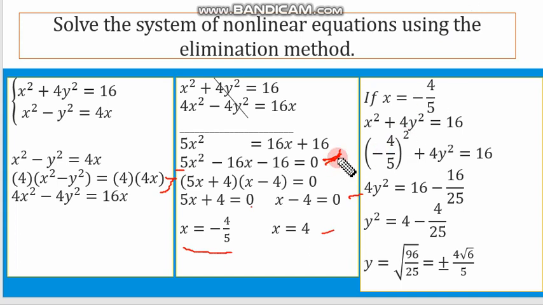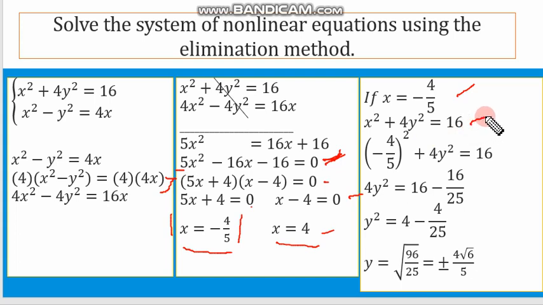Again, you can use trial and error, or you can use completing the square or the quadratic formula to get straight to the values of x, which are negative 4 over 5 or 4.